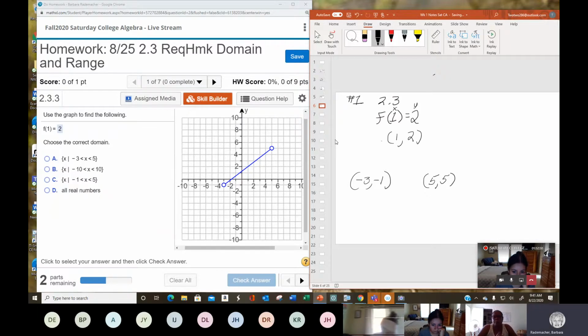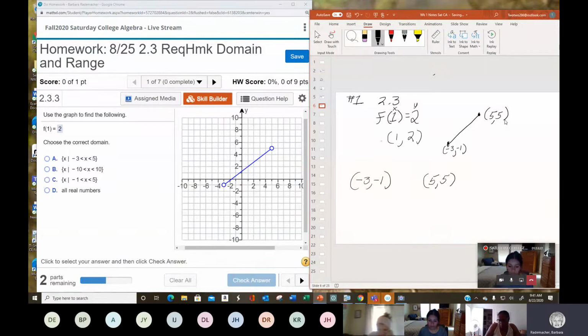Okay, and your function is this graph right here. So if we were to pretend for a moment that we have something like this, and these points are colored in, we would be going from the point -3, -1, to the point 5, 5.